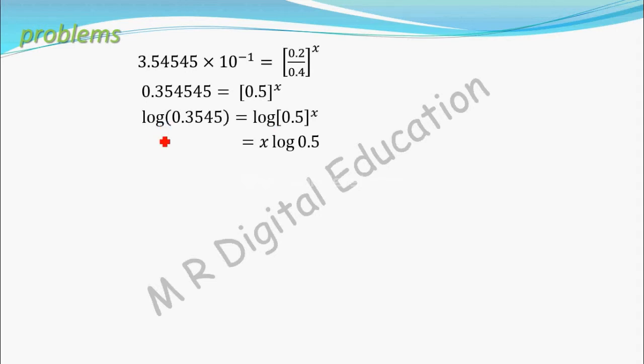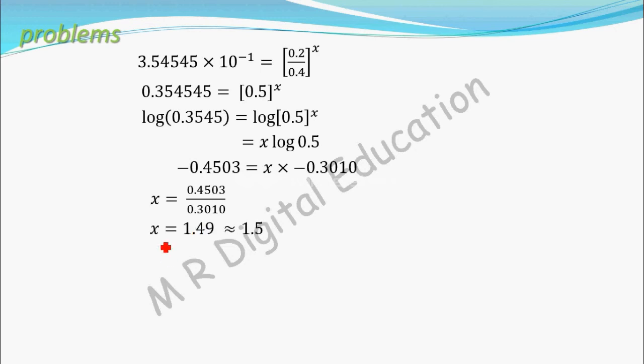Now log of 0.3545 is minus 0.4503, and log of 0.5 is minus 0.3010. Now from this equation, try to extract the x value. Take 0.3010 to this side, so x equals 0.4503 divided by 0.3010.